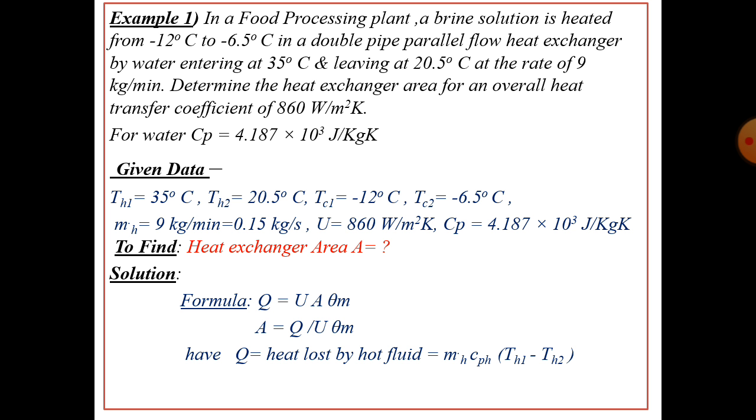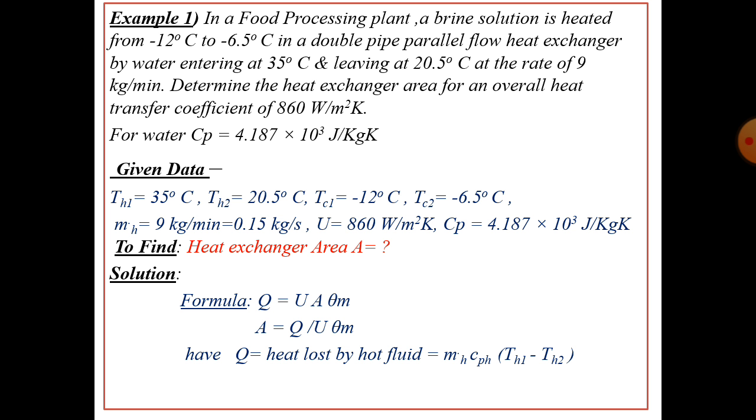Determine the heat exchanger area for an overall heat transfer coefficient of 860 watt per meter square Kelvin. For water, Cp is equal to 4.187 into 10 raised to 3 joule per kg Kelvin.